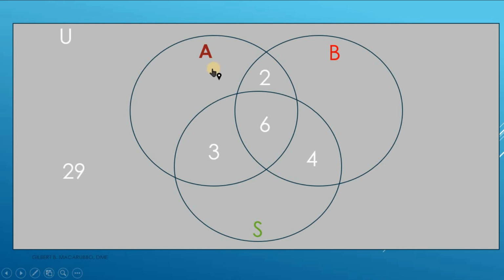So in arts, we have all in all 23. So since we have 6 plus 2, 8 plus 3, 13. Okay, to make it 23, so we will add 12. Okay, naintindihan?